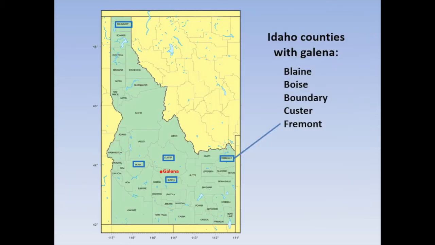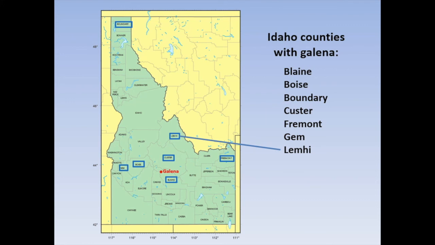Fremont County on the far east side of the state also has reported some galena occurrences. Gem County on the western side of Idaho also hosts some galena veins, particularly in the boundary area between Boise County and Gem County.